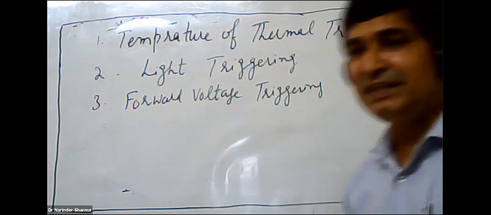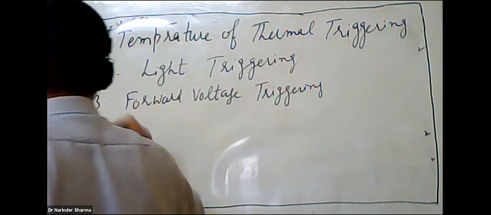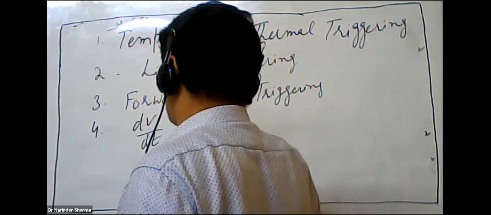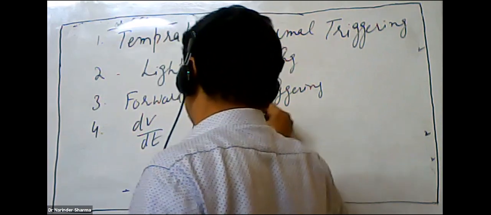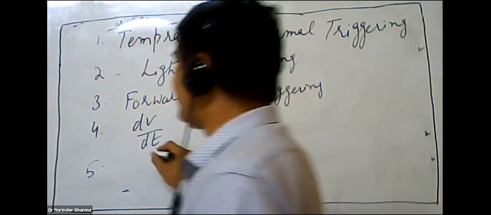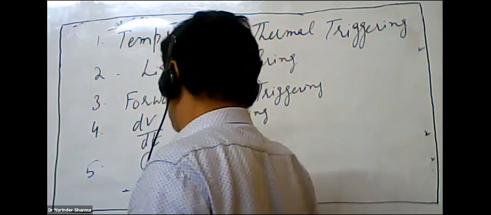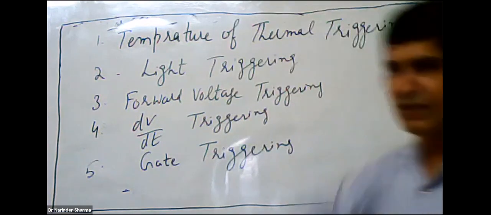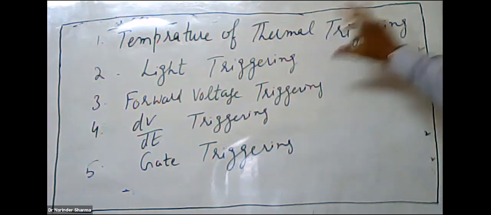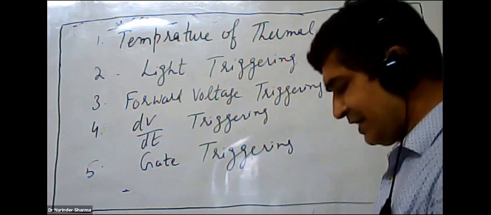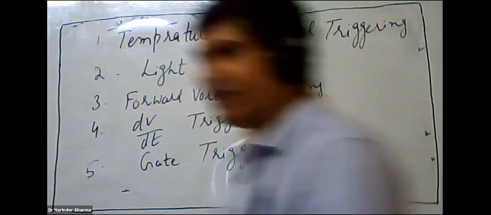Then there is the rate of change of voltage with respect to time, dV by dt triggering. Then there is gate triggering. So these are the 5 methods: temperature or thermal triggering, light triggering, forward voltage triggering, dV by dt triggering, and gate triggering.